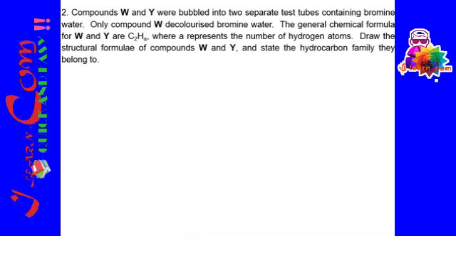Compounds W and Y were bubbled into 2 separate test tubes containing bromine water. When you see bromine water, straight away you must think, ding, alkenes. One of them could be an alkene. Only compound W decolorized bromine water. So straight away we can deduce that compound W is an alkene, because it decolorizes bromine water. The general formula for W and Y is CnHa, where a represents the number of hydrogen atoms. Draw the structural formula of compounds W and Y and state the hydrocarbon family they belong to.